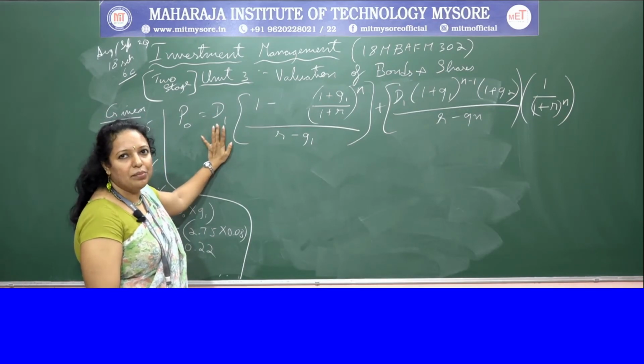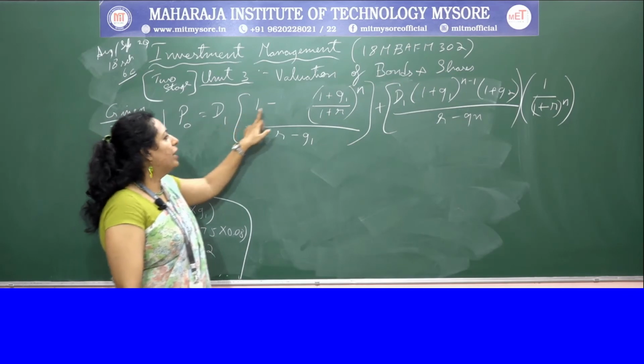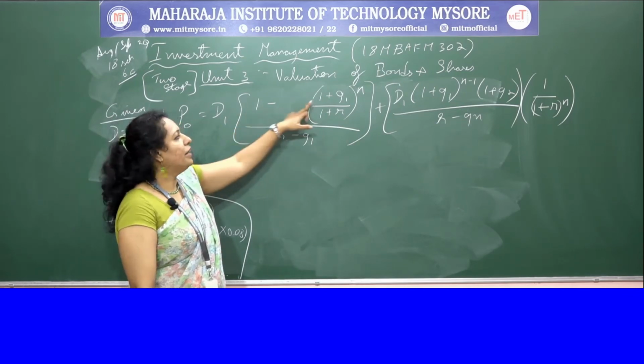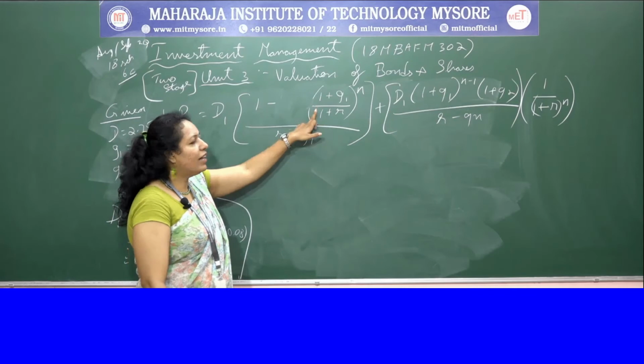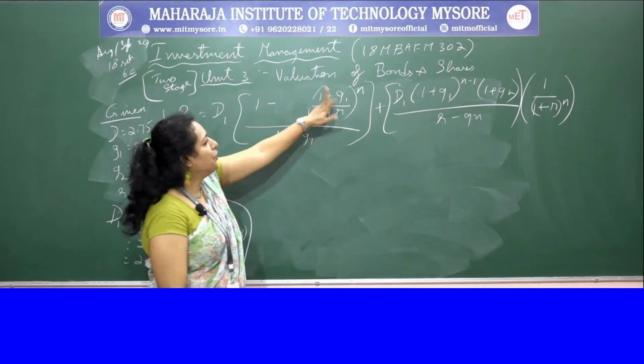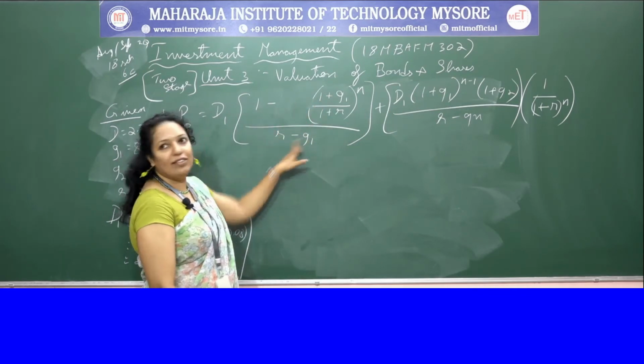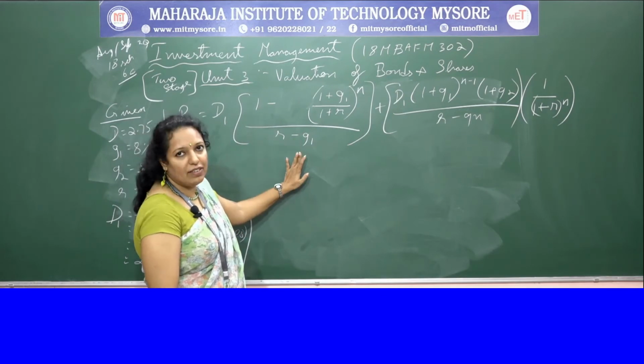First, D1 into 1 minus (1 plus G1 divided by 1 plus R) to the power of N, whole divided by R minus G1.